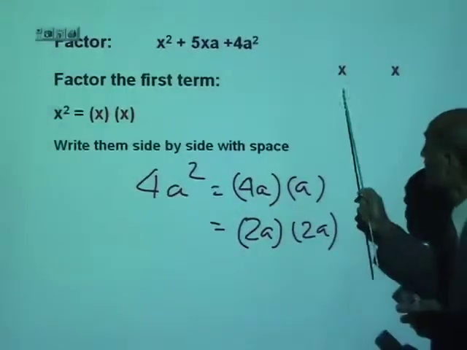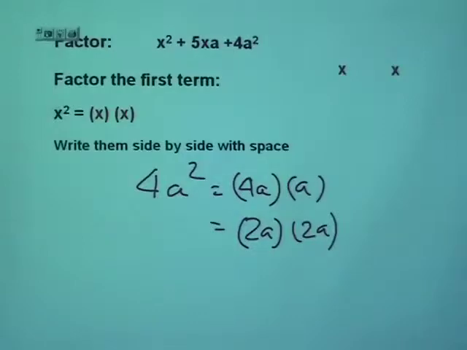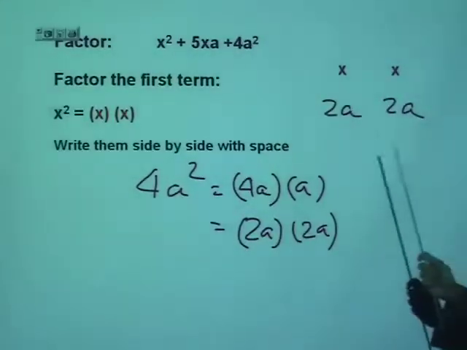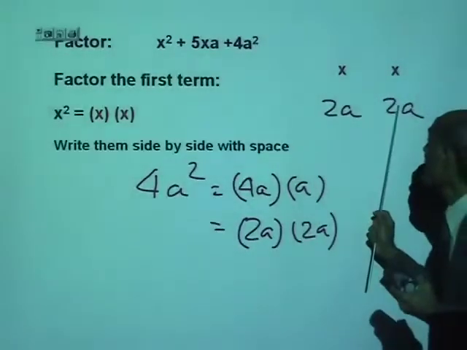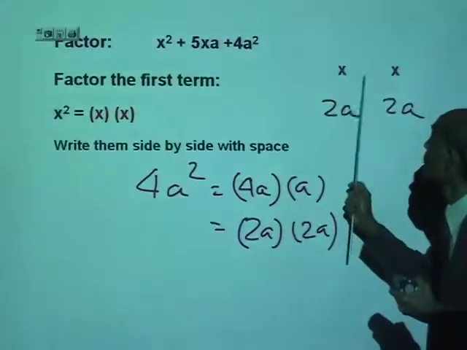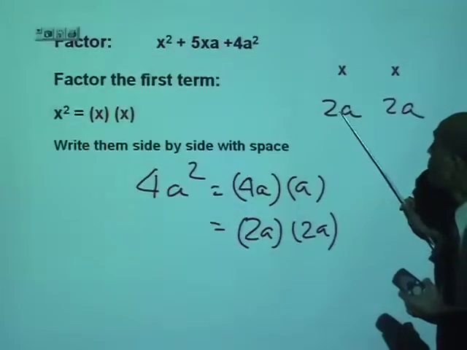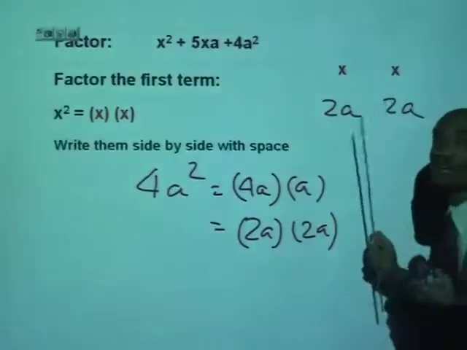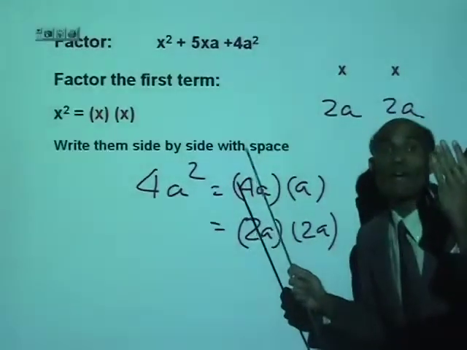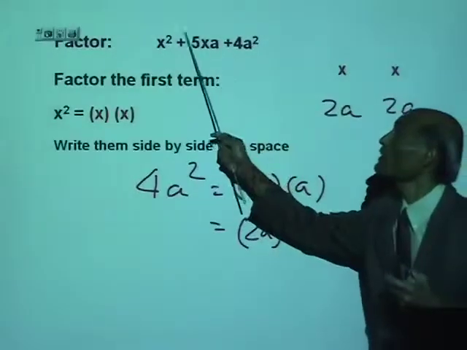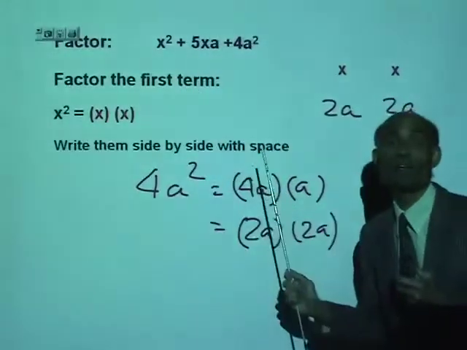All right. Let's try it out here. If 2a times 2a, write 2a below the x and 2a below the other x. Now, watch, you can do it mentally. Multiply 2a times x is 2xa. Added to 2xa gives you only 4xa, but our middle term is 5xa.